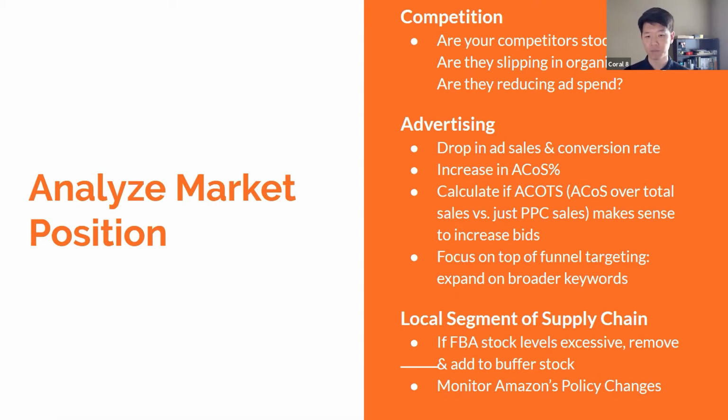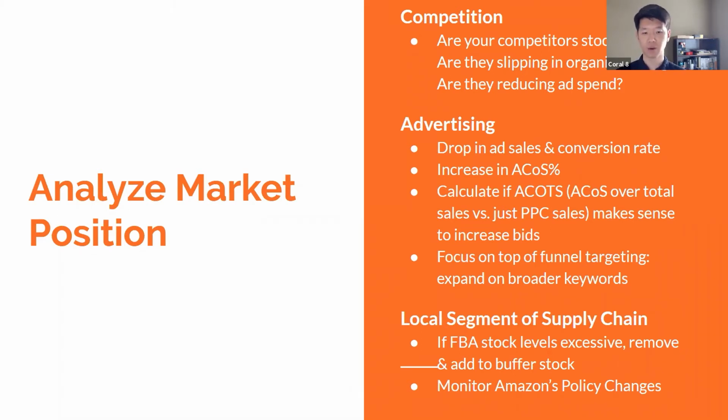So at the bottom, something you may want to consider is that if there's nothing you can really do with the very few steps of your supply chain, meaning if your supplier is down for the count, or they're having a very tough time getting everything up and running again, resuming normal operations, then if sales are slowing down in your account and your FBA stock levels are getting excessive, you may want to consider removing some of that, again, if it makes sense, and add to your buffer stock.